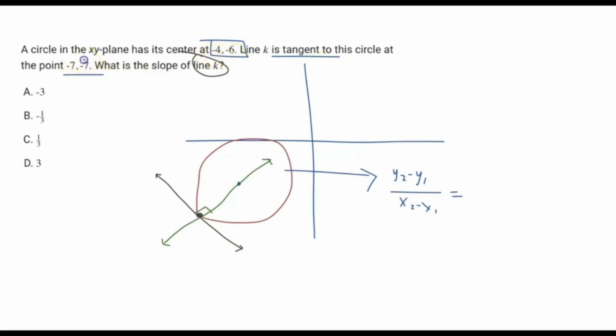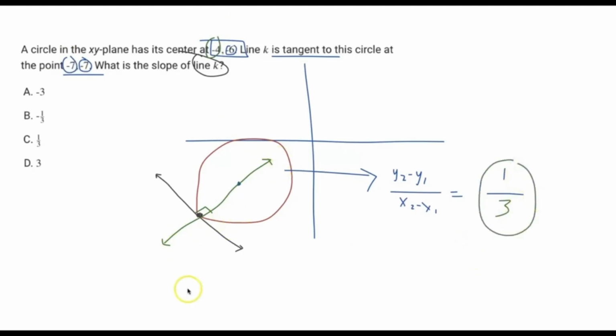And so the change in y, which is -7 to -6, is a change of +1. So +1 on top. Now the change in x, we're going from -7 to -4. That's an increase of +3. And so we know the slope of this line is 1/3.